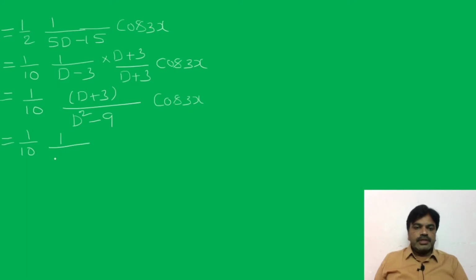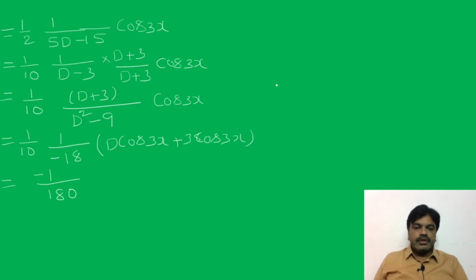So we get here minus 3 minus 9, that is minus 9 minus 9, minus 18. 18 into multiply with the difference d cos 3x plus 3 cos 3x, that is equal to minus 1 by 10 into 18, we get 180.